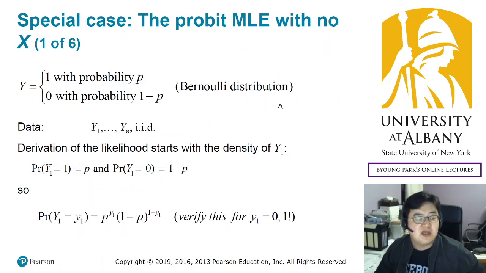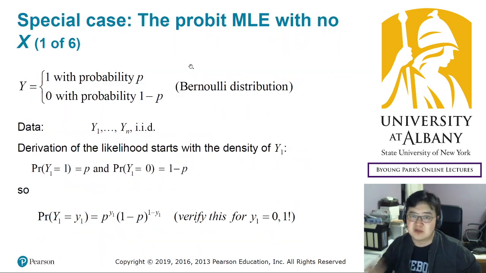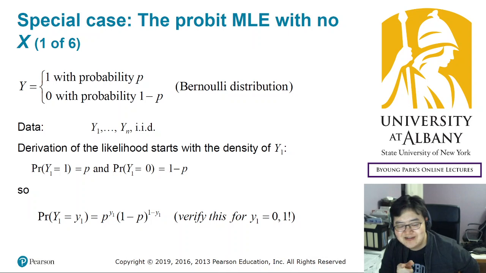And here it considers a special case with no prior information available. Then it is like a coin toss. You are tossing a coin many times, let's say 100 times, and you are predicting the probability of heads.